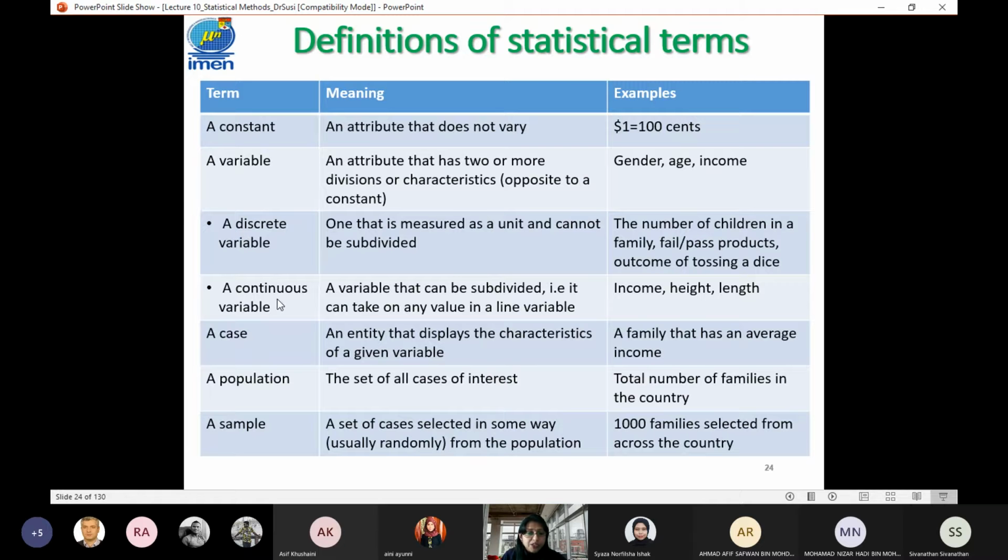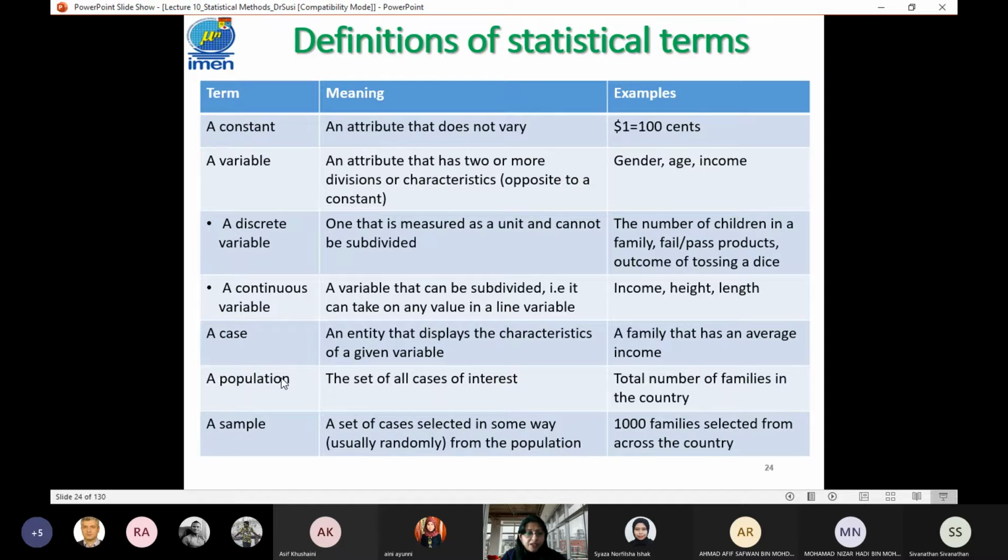But if it's a continuous variable, for example income, height, and length, it can be subdivided, and normally continuous variables are used as histogram based. And discrete variables are normally the ones that you have an XY plot.